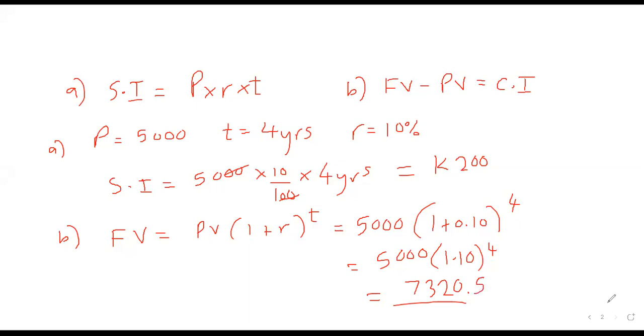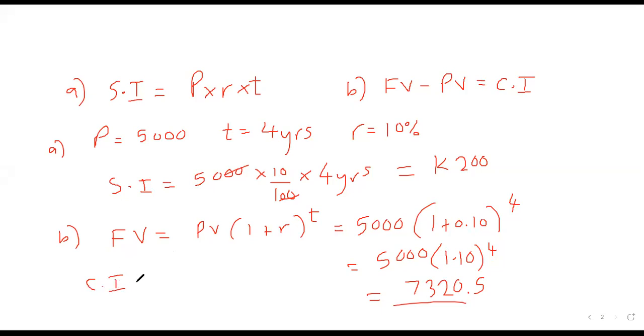Okay, so this is an amount that you expect when you invest 5,000, you get 7,320.5. The compound interest is, however, the difference between the two.